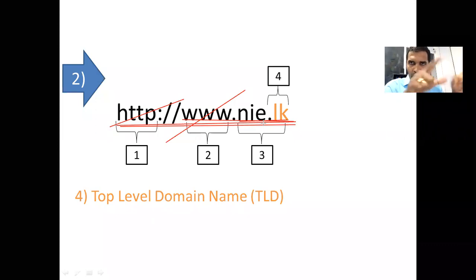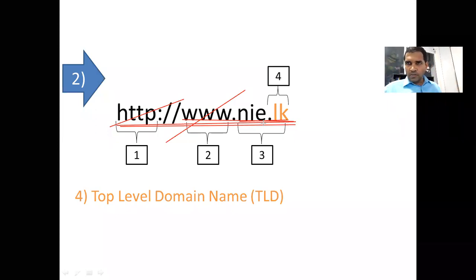Even if you type facebook.com, https://www.facebook.com, forget about the other parts, take that facebook.com domain name. For us, it's facebook.com, but actually it is not facebook.com. That term facebook.com is mapped, or set, to an IP address.